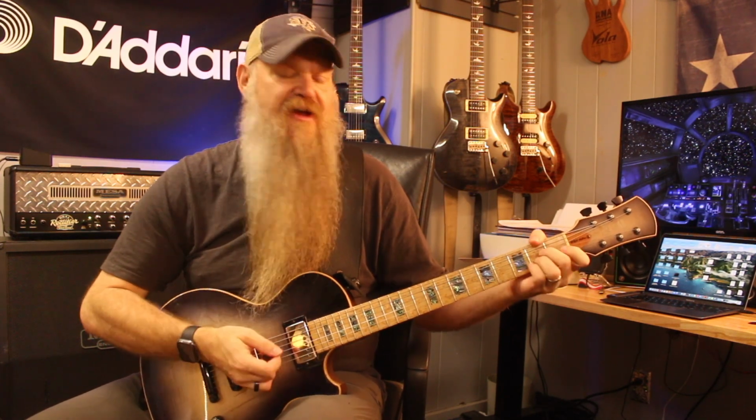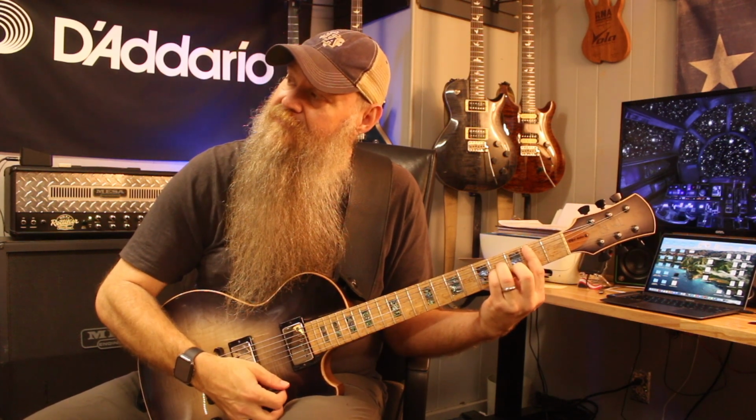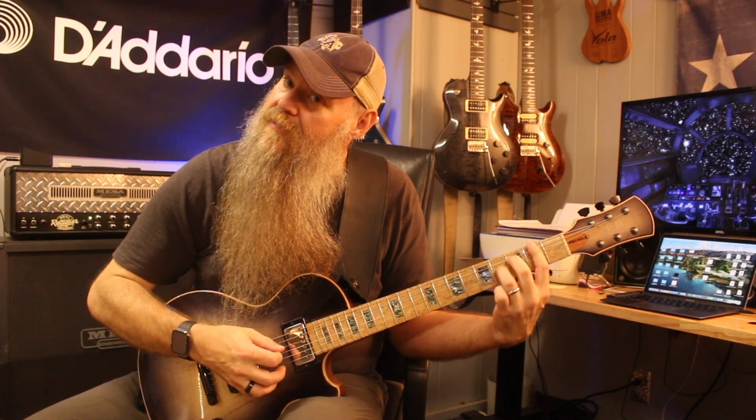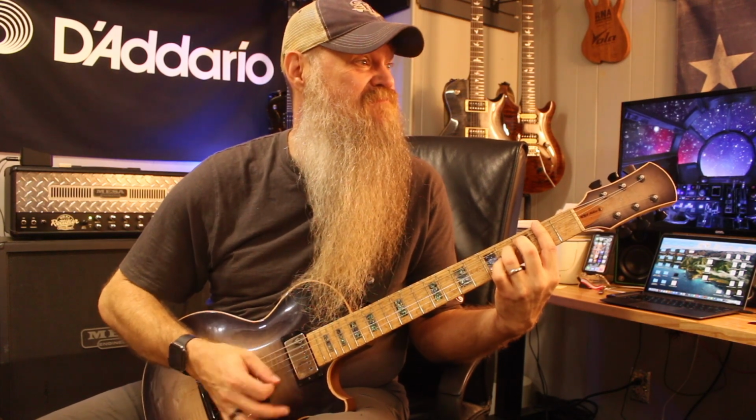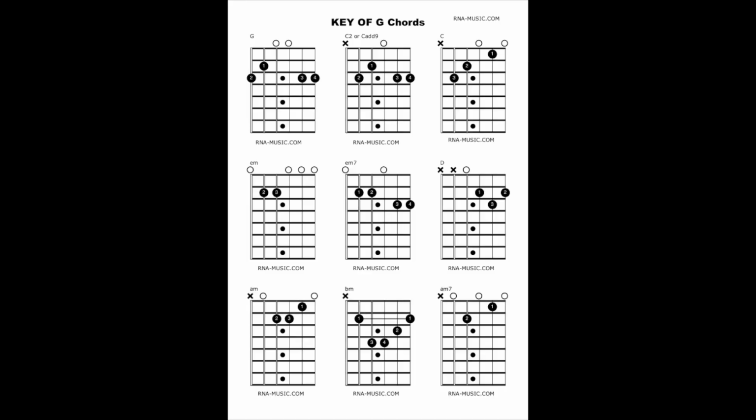Then you have an A minor, the 2 chord, then a B minor, the 3 chord, C is your 4, D is your 5, E minor is your 6, and F sharp diminished. You have 3 major chords, 3 minor chords, and 1 diminished chord as what I consider to be basic chords per key.